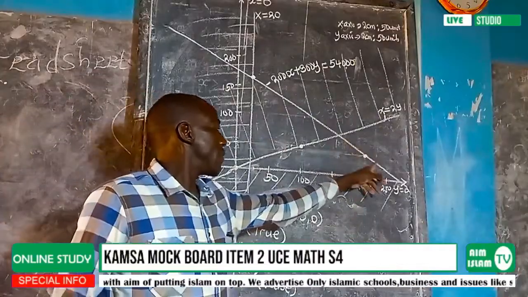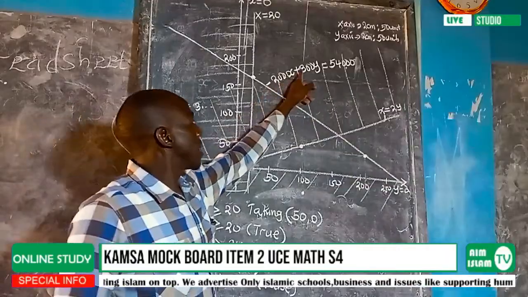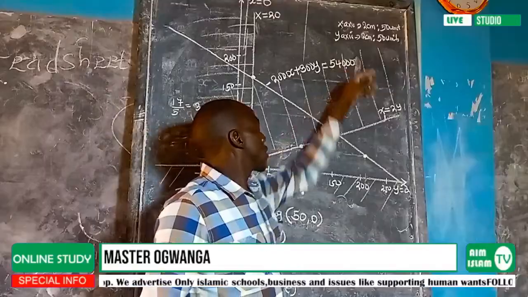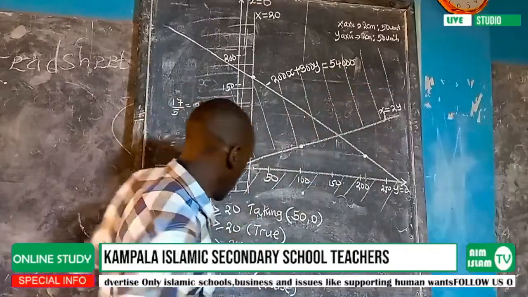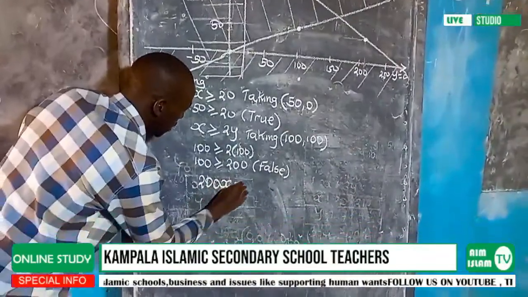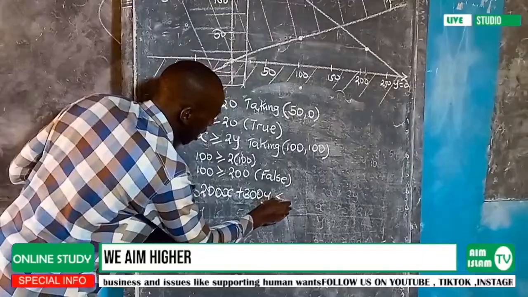And then for the third one, we are talking about 200x plus 300y being equal to 54,000. Before, it was written as 200x plus 300y being less than or equal to 54,000.